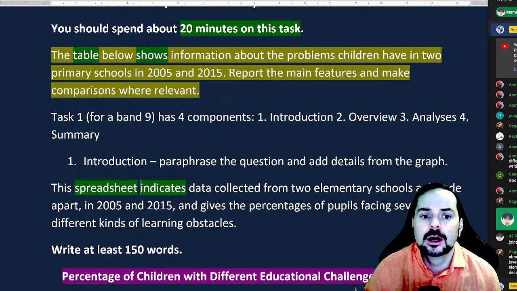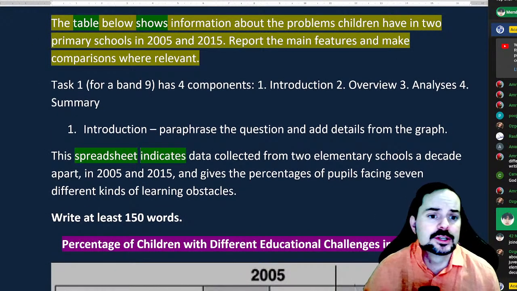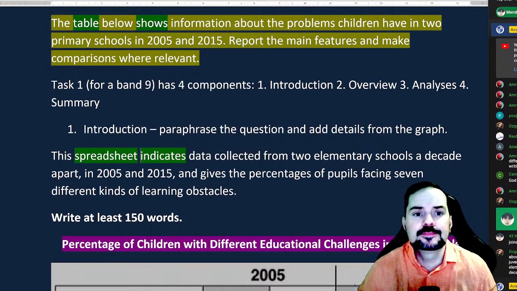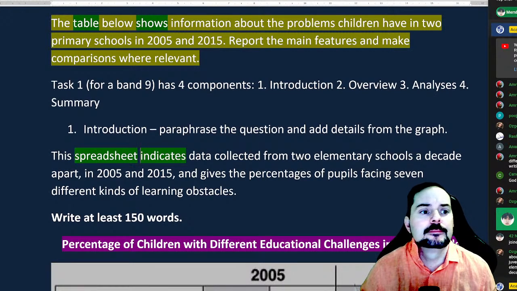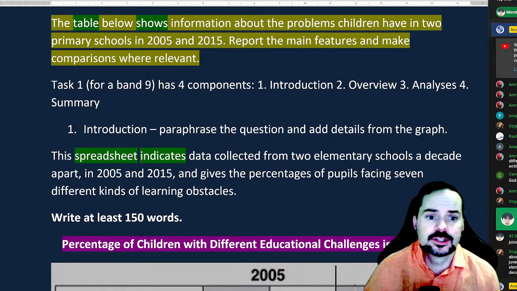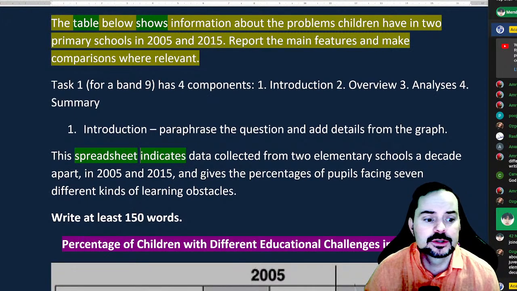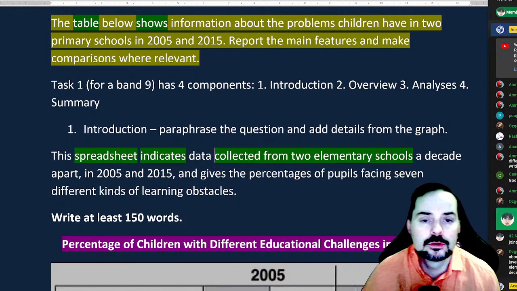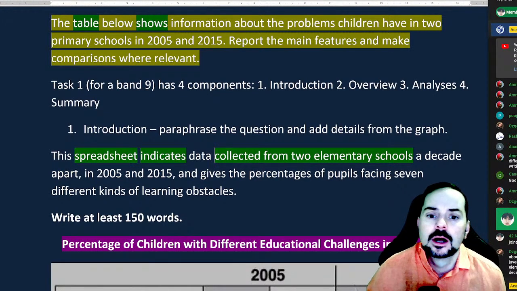Okay. And then I'm not just using synonyms simply, but I'm also paraphrasing the grammar. So here the table shows information about the problems. The spreadsheet indicates data collected from 2 elementary schools. So I've actually brought the concepts of schools a little bit closer to the start here.